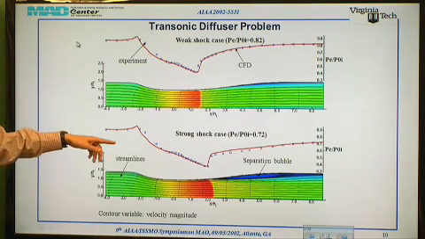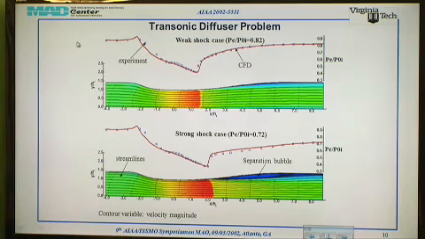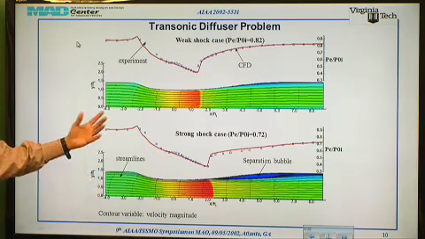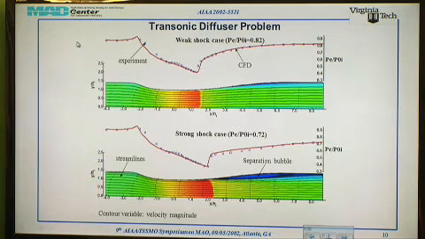And what you see here is the pressure distribution in red from the calculation, and the squares are from experiment. So in terms of the pressure distribution, this can be viewed as a validation exercise rather than a verification exercise.